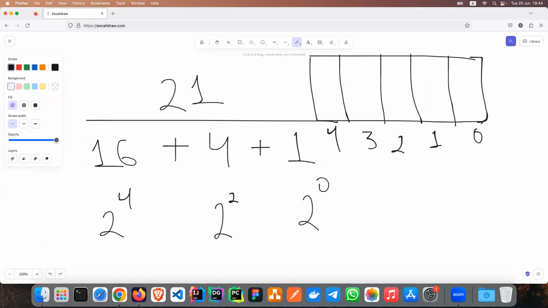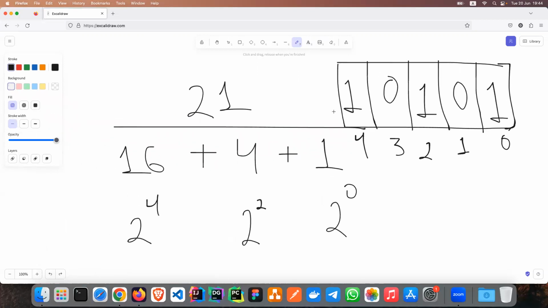So I need 2 to the power of 4. I need 2 to the power of 2. I also need 2 to the power of 0, because I will add them to get 21. The others I don't need, so I put 0 here. So 21 in binary, what is it? 1, 0, 1, 0, 1.